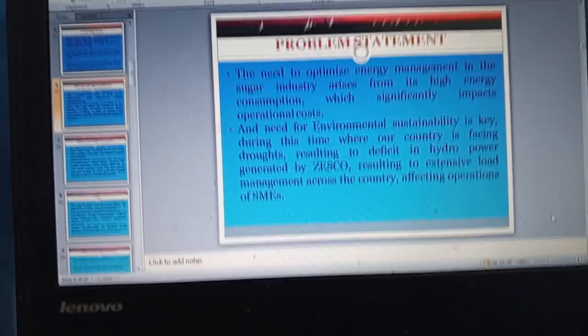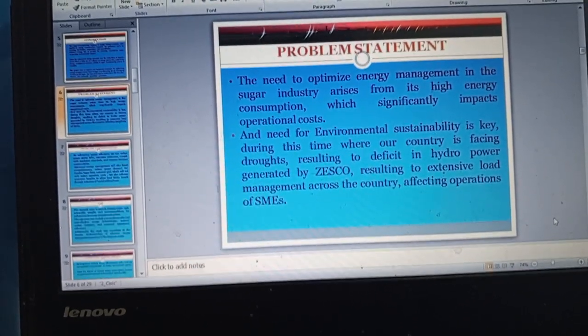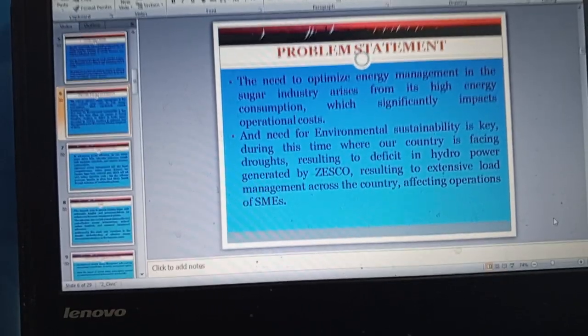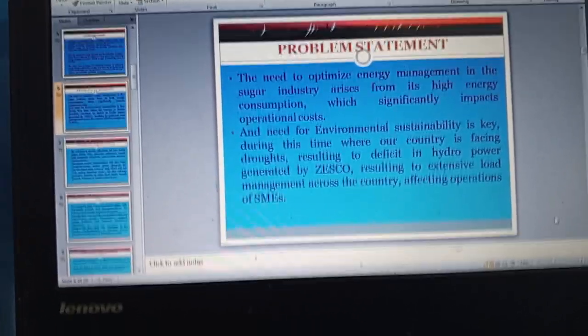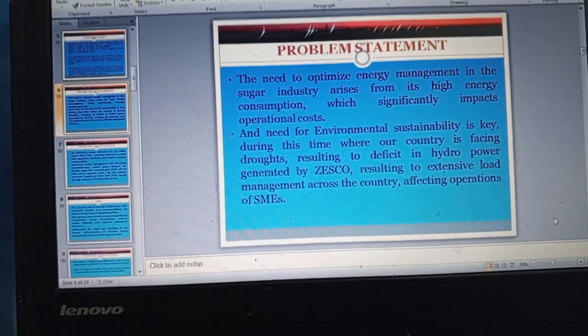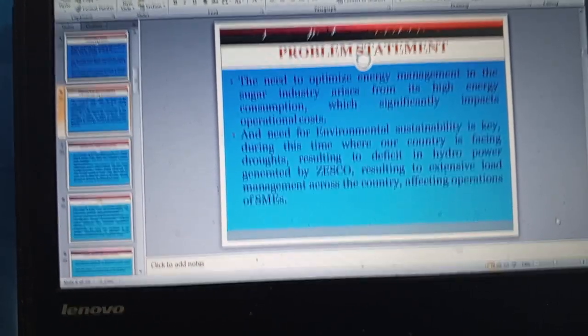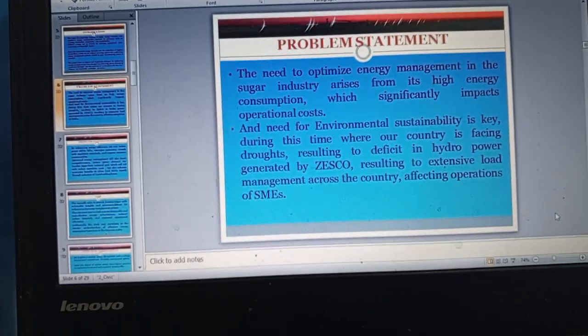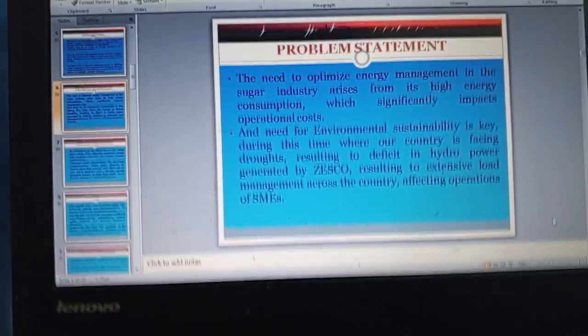If our plant is running optimally, I think it will reduce the load, because it's able to run in island mode without drawing power from ZESCO. So that's the basis of the problem statement, why I'm carrying out this project.